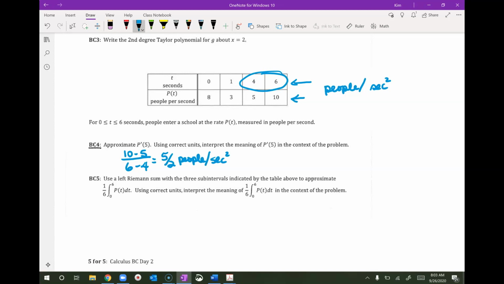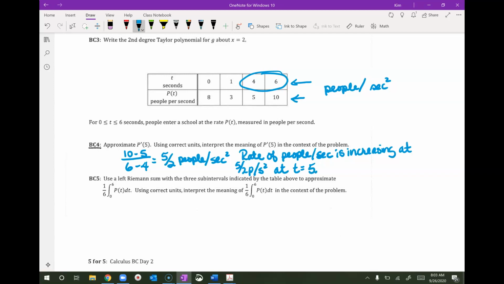Now, what does this mean? Well, our 5 halves is positive. So the rate of people per second is increasing at, let's give them a nice little sentence here, 5 halves people per second squared at t equals 5.